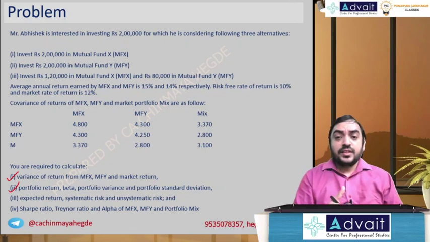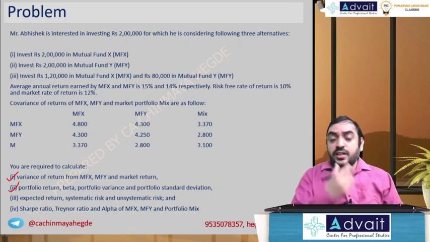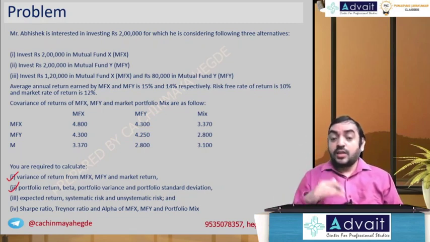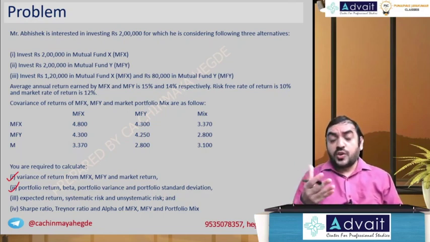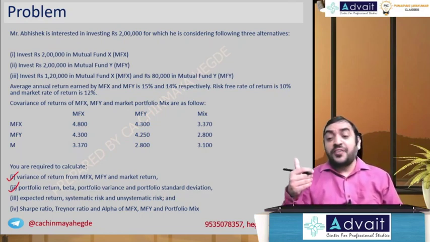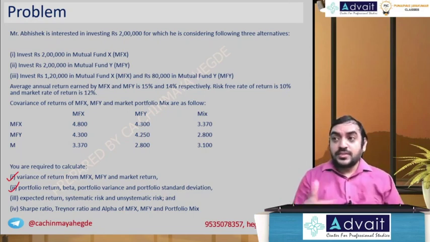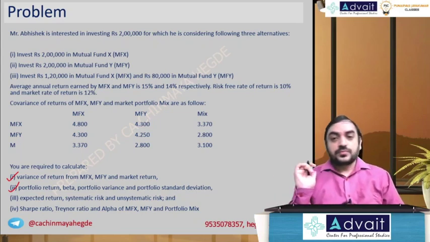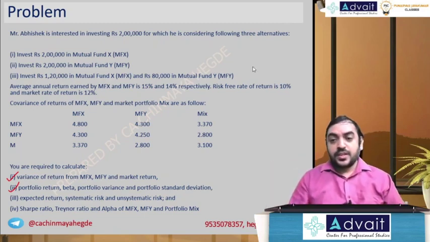For example, if it's a portfolio management chapter, are you struggling to define the column headings, or are you not able to apply the formulas, or are you not able to mathematically simplify it? So you have to define the problem, see where you're getting stuck, and then you'll be able to do the problems easily. And of course, if you do more problems, you will definitely get more practice.